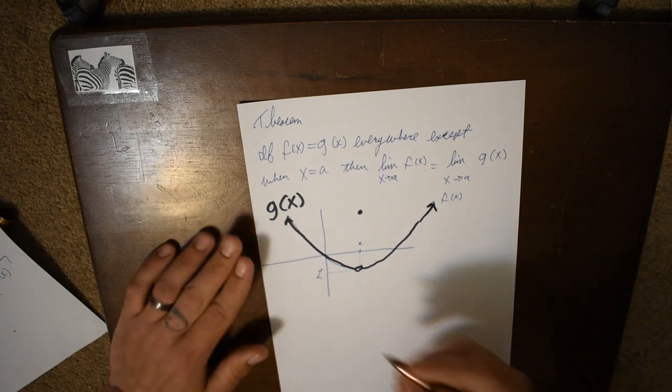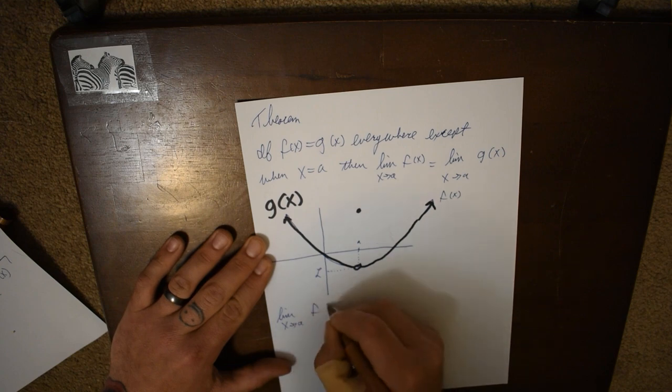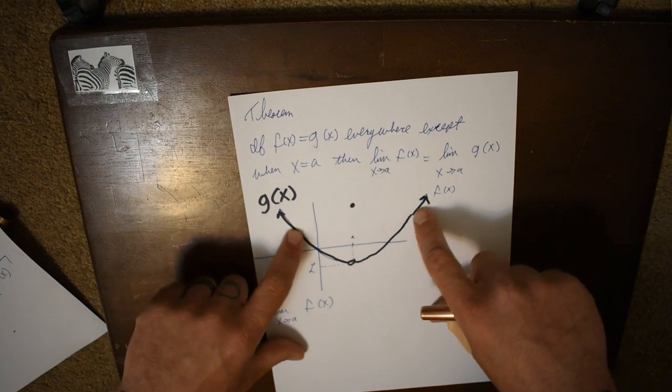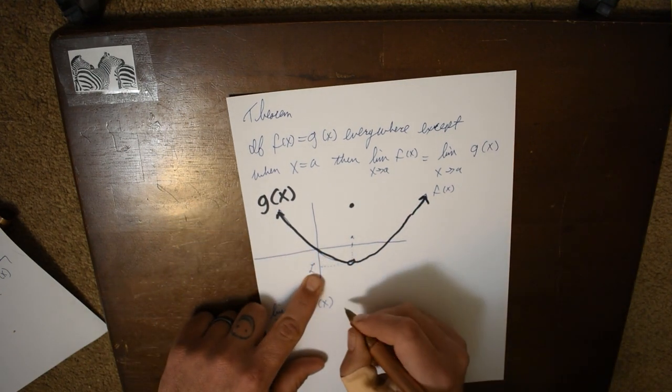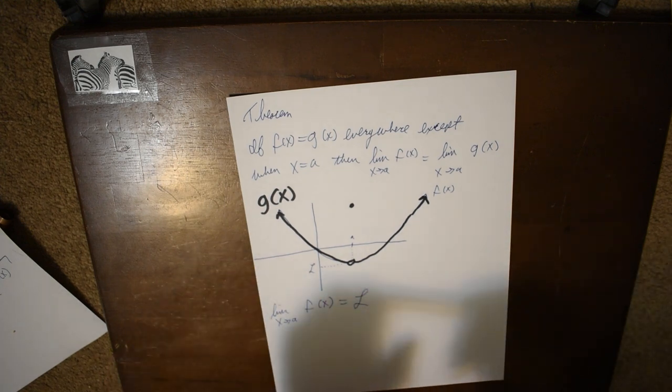But now take a look. If we talk about the limit as x goes to a of f of x, as x goes to a in both directions, that function limits to L. Same thing with g of x.